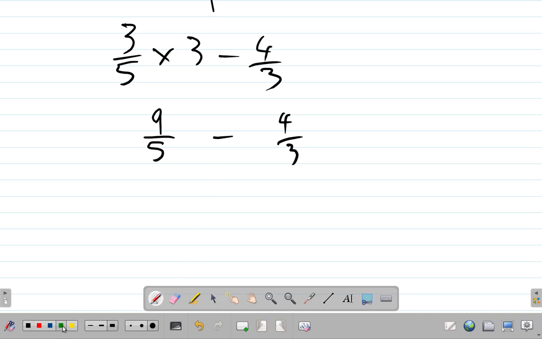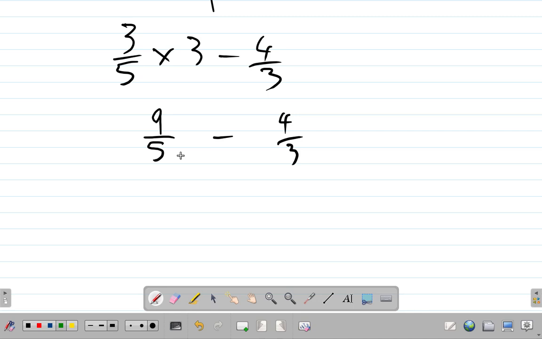You want to have common denominators because you have 9/5 minus 4/3. Fifths and thirds are two different things. You cannot say you have 9 apples and you take away 4 oranges. So how many do you have left? What is it you're talking about? Is it apples or oranges or something else?